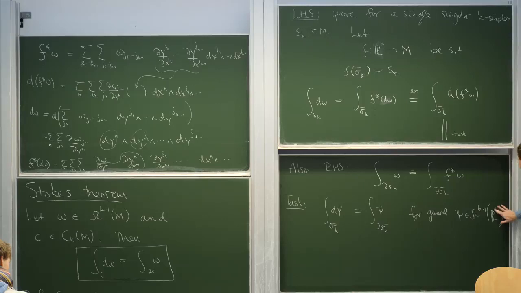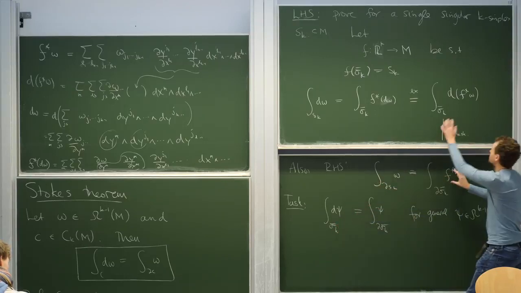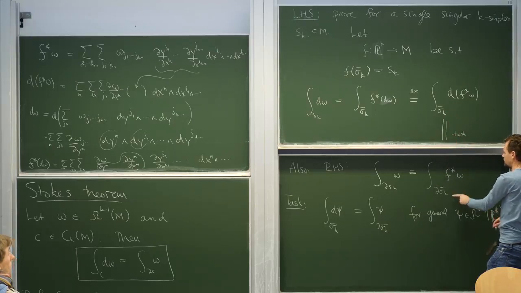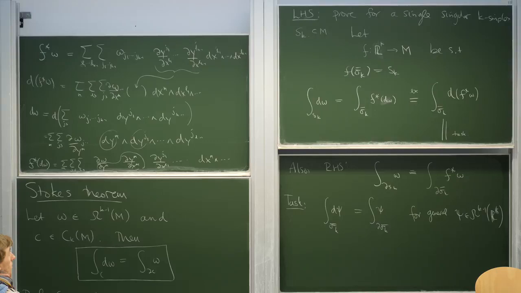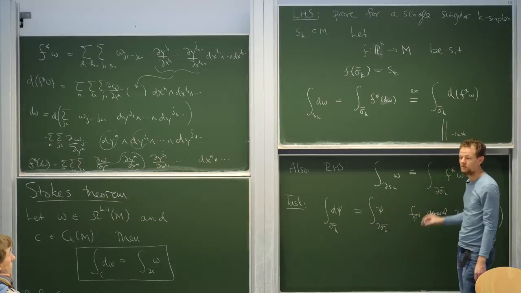So our job, if we could show this, then we'll have shown this, because that's a k form, and that's a k minus 1 form, and those are the standard k simplices. And so we just substitute psi equals f star omega, and then we're done.